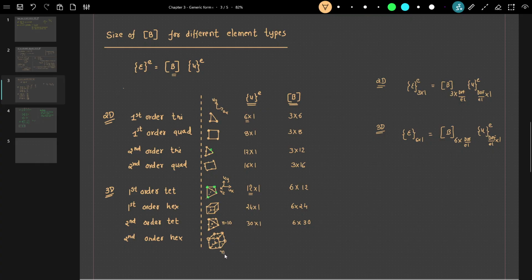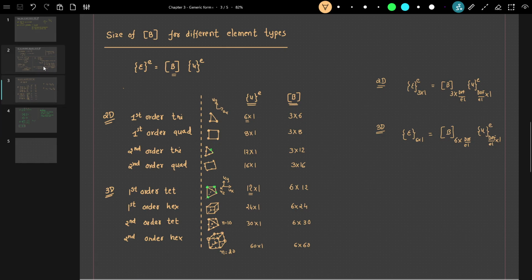Second order hex element has 20 nodes. So 60 by 1. This is 6 by 60. So the purpose of this exercise is to understand the size of B matrix, and how it depends on dimensionality of problem or space and element type.